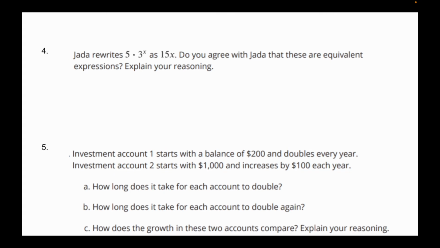Jada rewrites 5 times 3 to the power of x as 15x. Do you agree with Jada that these are equivalent expressions? And explain your reasoning. Well, first off, no, I do not agree.